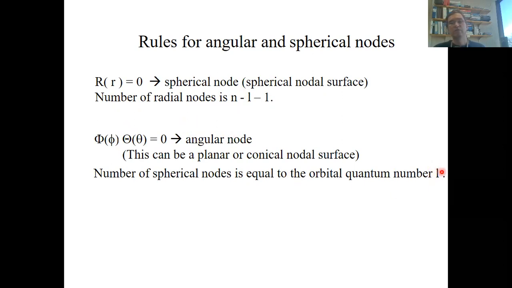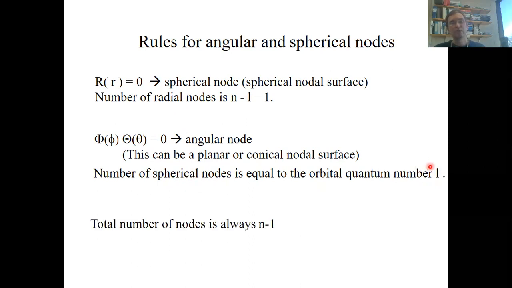Okay, so therefore, for a p orbital, which has the quantum number L equal to 1, we know that the number of angular nodes is equal to the quantum number 1. So actually there is here a mistake. So that shouldn't be spherical nodes. Okay, so that needs to be the angular nodes. I need to correct this mistake here on the slide.